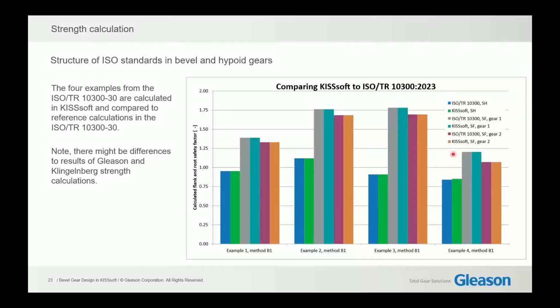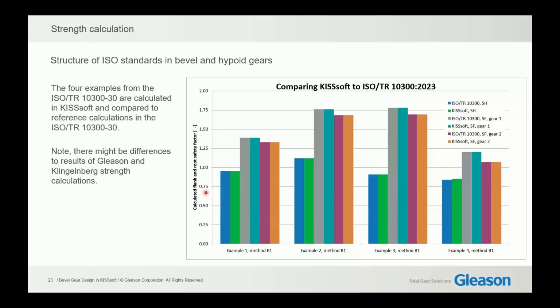To conclude the section on strength calculation, I want to show you the overview of the example files from the standard. There are 3 example files. One is a bevel, 3 are hypoids, and KISSsoft results match precisely or very accurately with the standard.